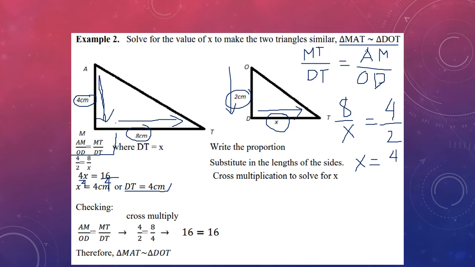It's that simple, no? You can also use this pattern for your proportion. MA over MT equals OD over DT.